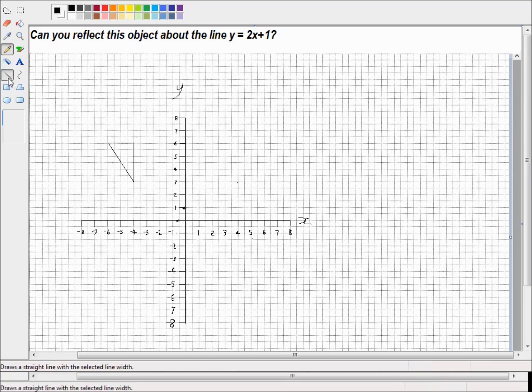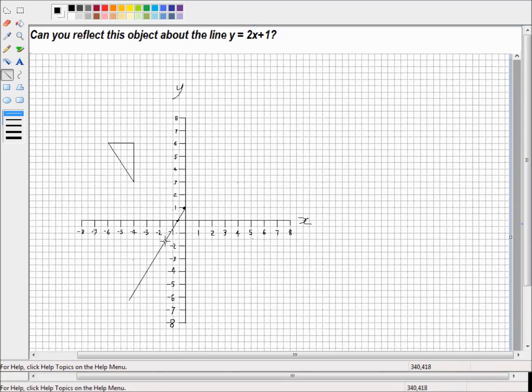So I can now draw the line that joins these 2 points. I need to extend this line perfectly.